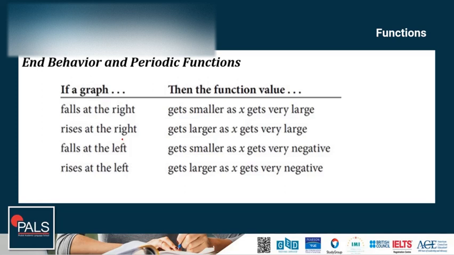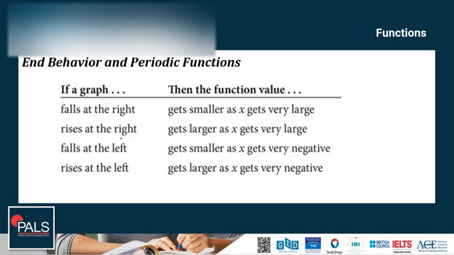If a graph falls at the right, we are talking about the end behavior, then the function value gets smaller as x gets very large. However, if a graph rises at the right, then the function value gets larger as x gets very large.